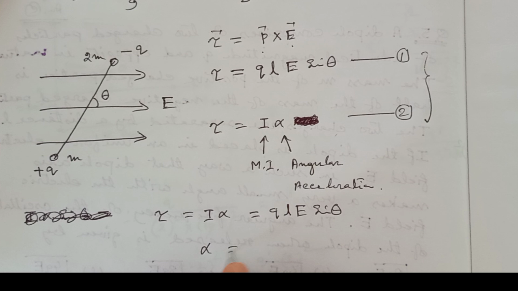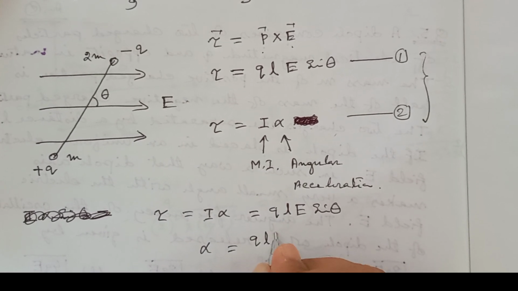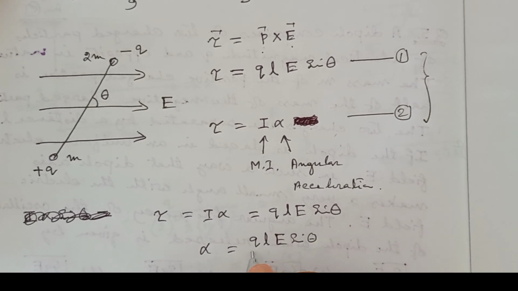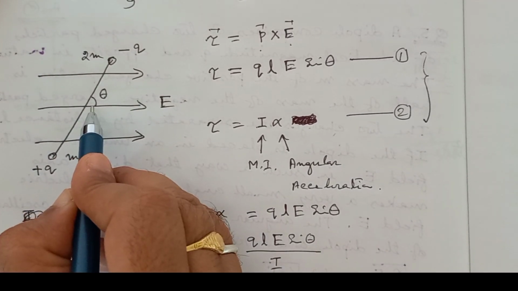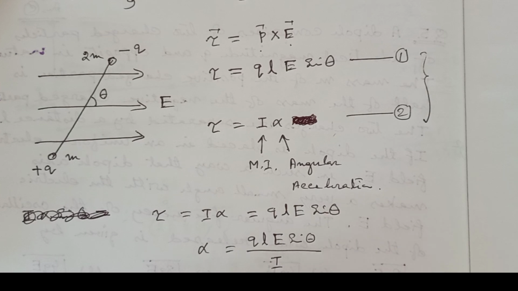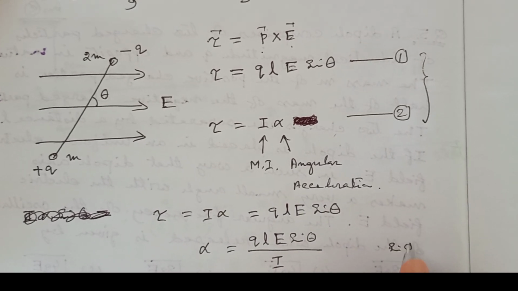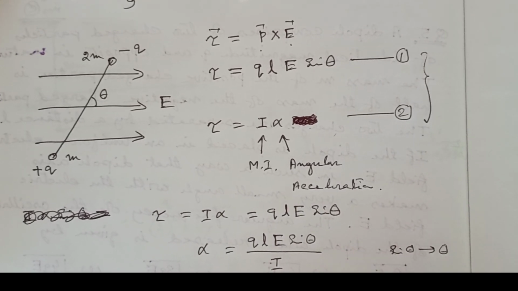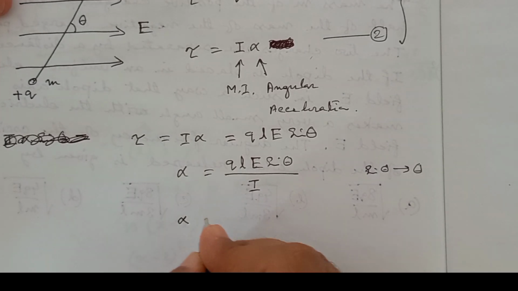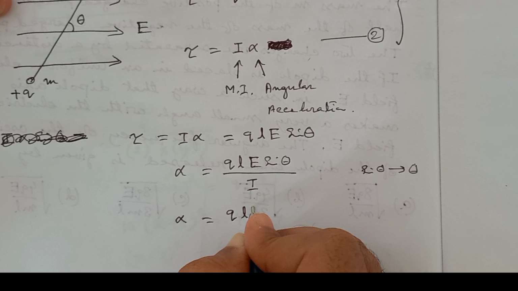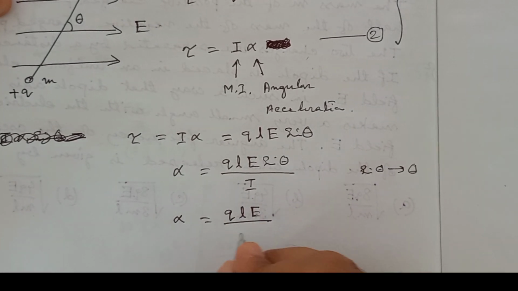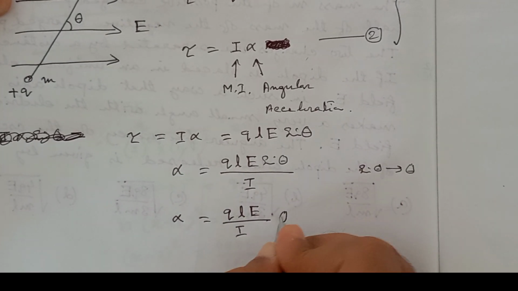Therefore, alpha is equal to q into L into E sine theta by I. Since theta is very small, we can write sine theta is about theta. Therefore, alpha is equal to q L E by I into theta.